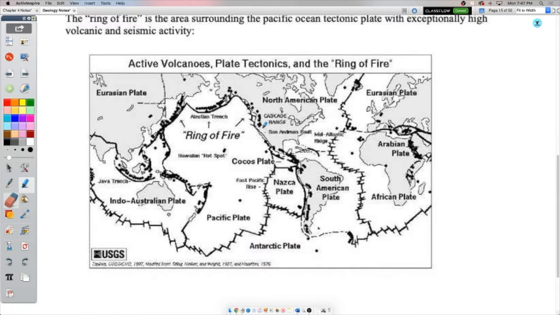For example, you can see on the diagram here, these little black diamonds, these are active volcanoes. Notice along the San Andreas Fault here down in California, they don't really have volcanoes, but they do have tons of earthquakes. That's just because at this point, the plates are sliding past each other. So you get the earthquakes, that's a transform boundary.